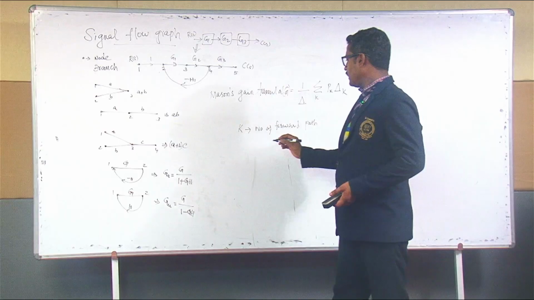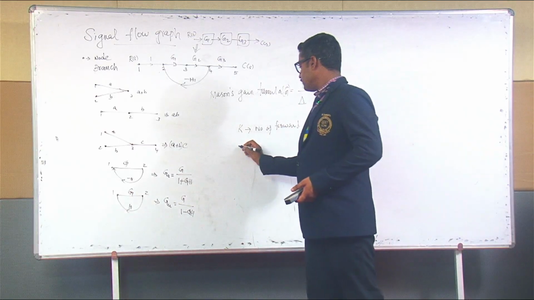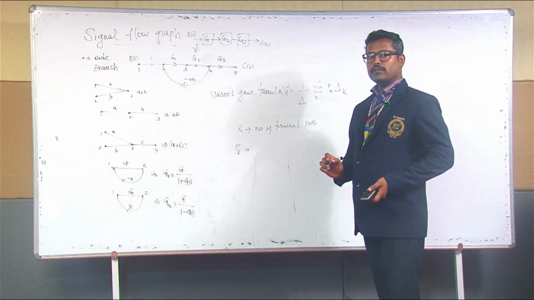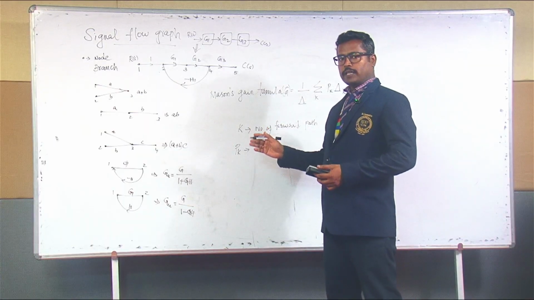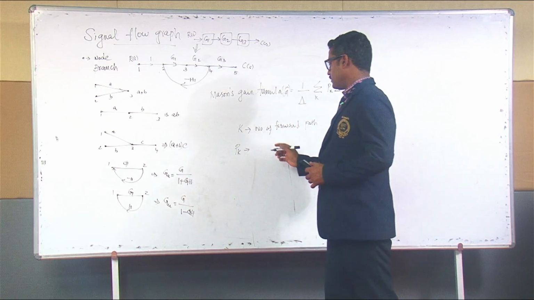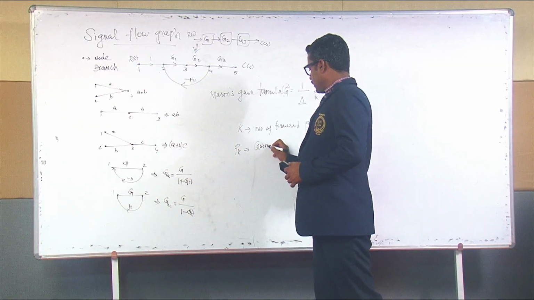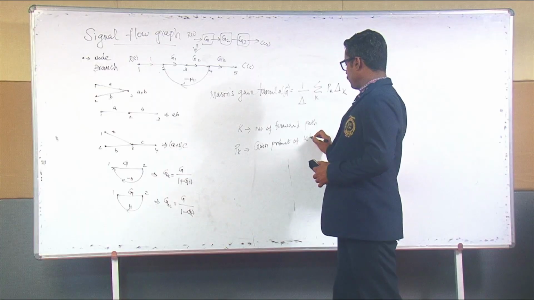Next we can discuss what Pk is. Pk is nothing but the gain of each and every forward path. P1 is the gain of the first forward path, P2 is the gain of the second forward path, like this. So it is the gain product of the kth forward path.